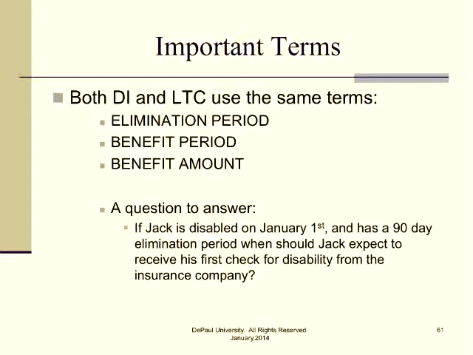A 60-day elimination period would mean you have no benefits for 60 days. Nothing starts happening until after you've gone through that elimination period. So when you look at the term, the question becomes, how long can you afford to sustain yourself?